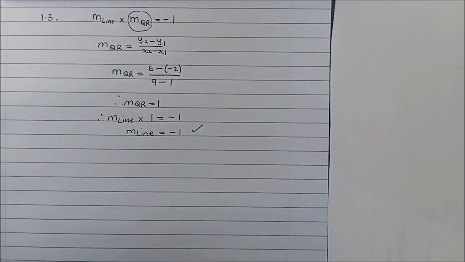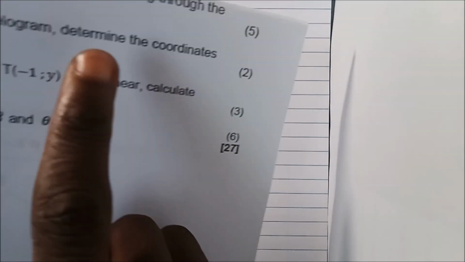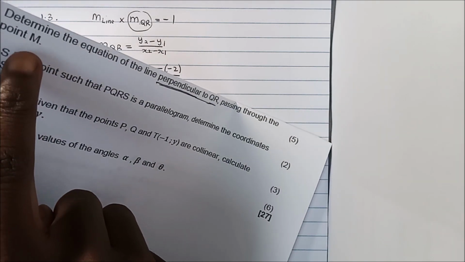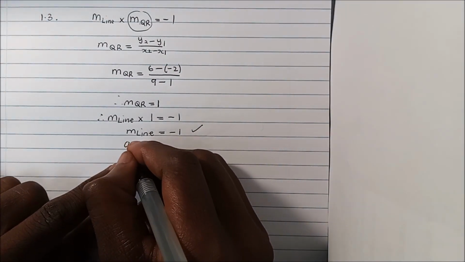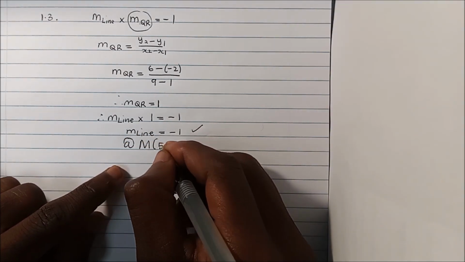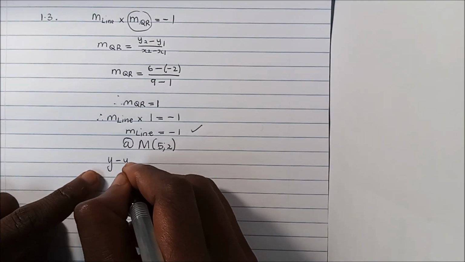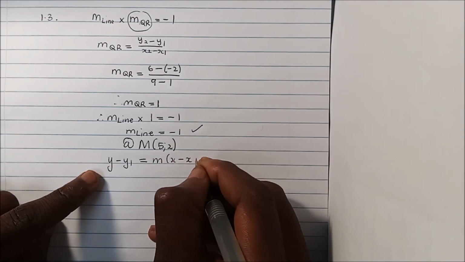So secondly, we need a point that lies on this line. And they told you it passes through the point M. So that means we can use the coordinates of M, which is (5, 2), to find the equation using y minus y1 equals m times (x minus x1).